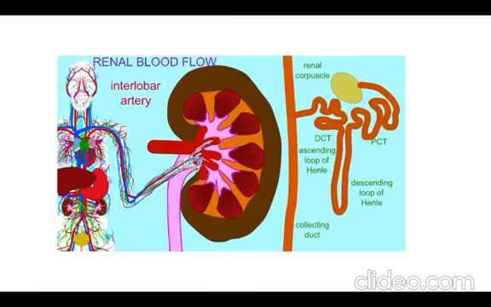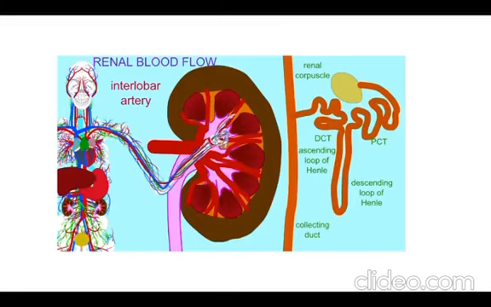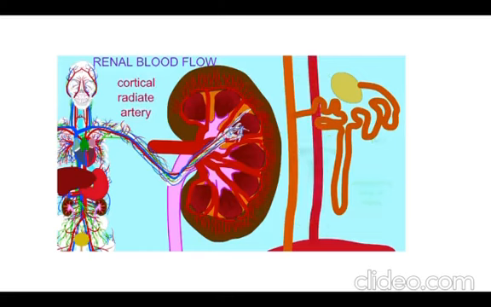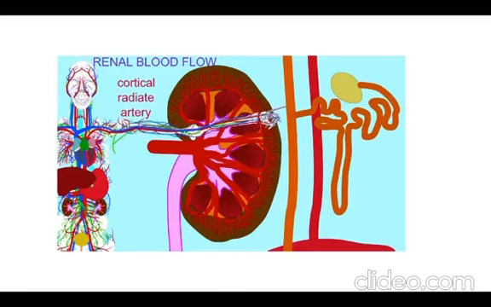In the renal pelvis, these segmental arteries divide into several interlobar arteries. These interlobar arteries form arcuate arteries as they arch over the pyramids in the renal medulla. From these arcuate arteries, cortical radiate arteries then approach the cortical tissue.